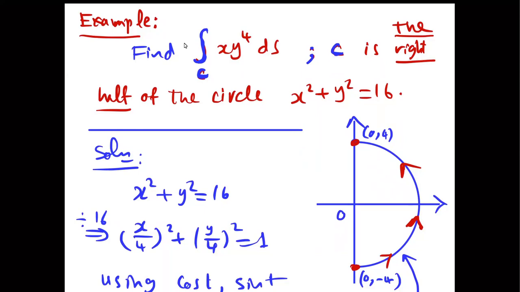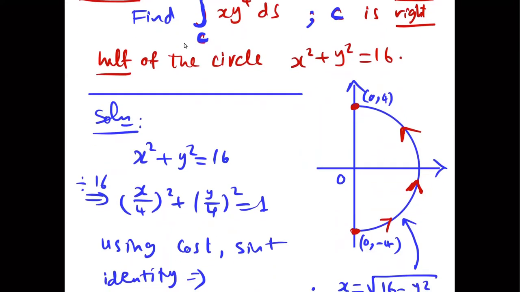C is the right half of the circle x squared plus y squared equals 16. So it is the right half of the curve of the circle x squared plus y squared equals 16. Of course, you know this is a circle with center at the origin, and its radius is 4.